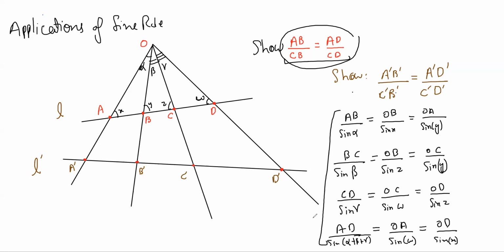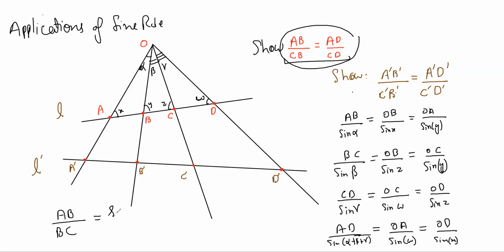Sir, AB by BC is equal to OA by OC here, right? On the first two equations. No. Why is it OA by OC? No, that's a good observation, but it's not OA by OC. It is, and that gets us started.